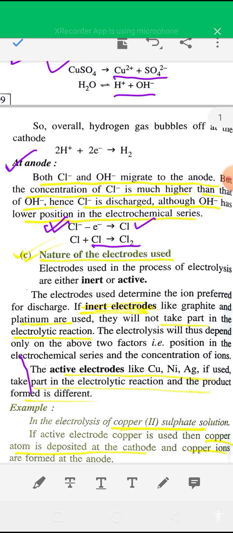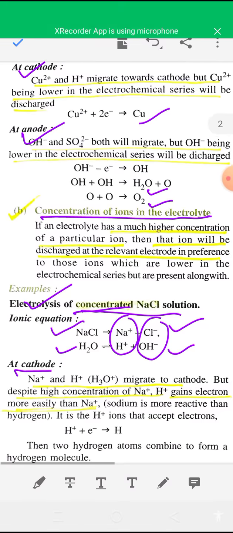Okay, so during electrolysis of concentrated NaCl, you will get chlorine gas at anode and hydrogen gas at cathode.